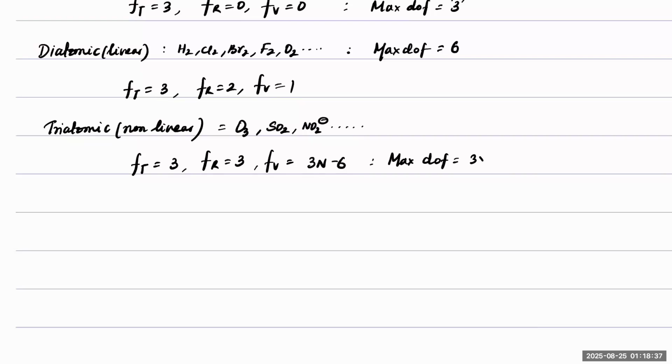How many? 9. So this is the maximum degrees of freedom they should enjoy. But out of which, how many are translational? 3. How many of these are 3? Then how many vibrational do you expect? So 3 vibrations we will expect. Got it? Everyone clear on that?